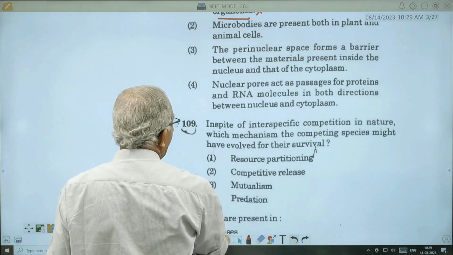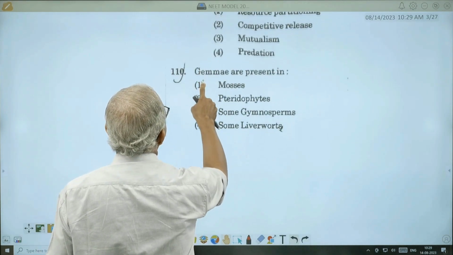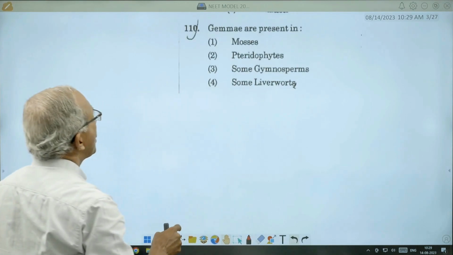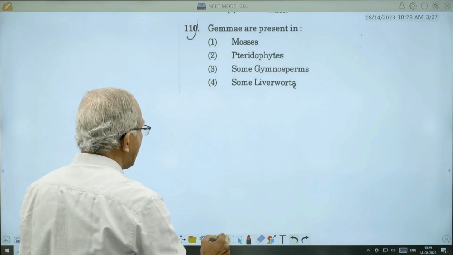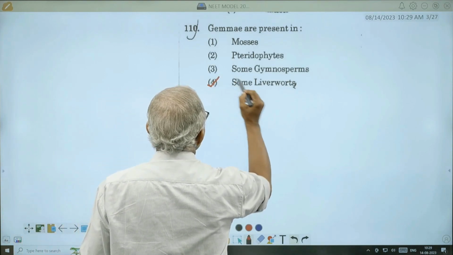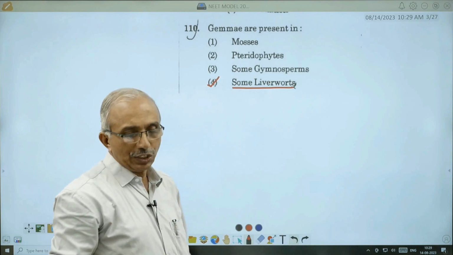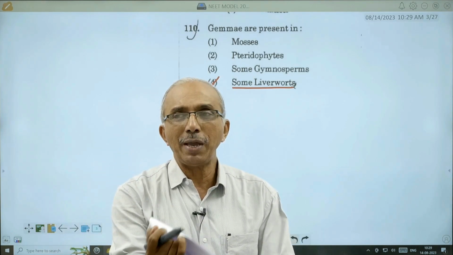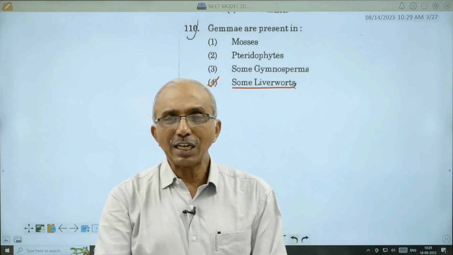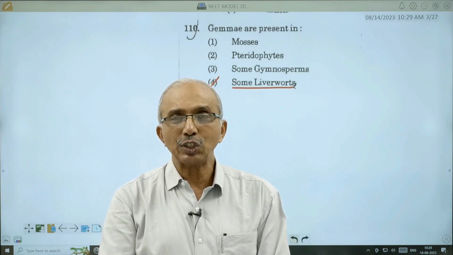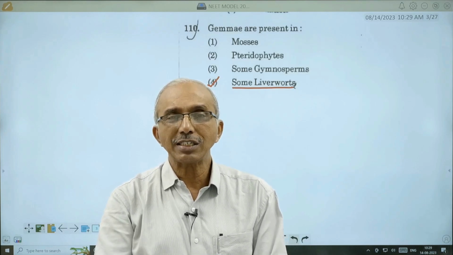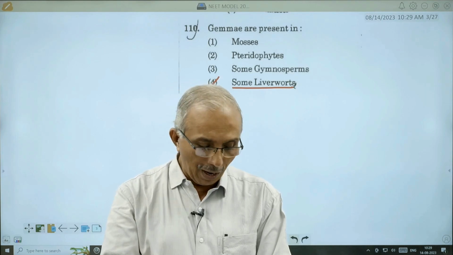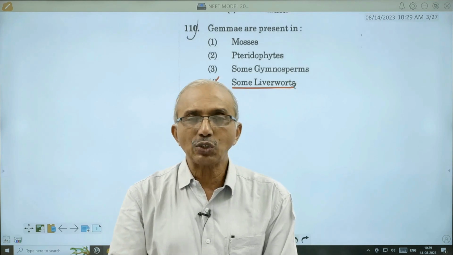The next question of botany is: gemmae are present in some liverworts. What are gemmae? Gemmae are structures for asexual reproduction.